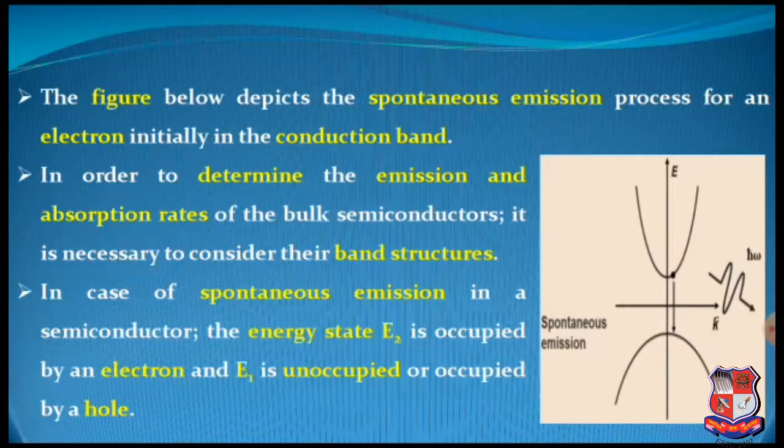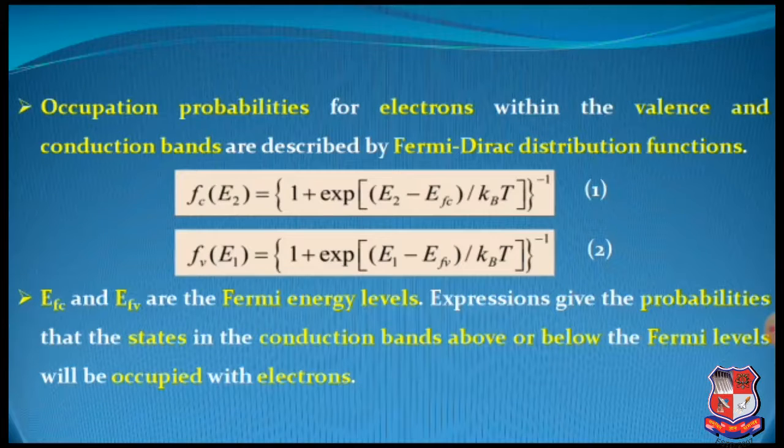And in the case of spontaneous emission in a semiconductor, the energy state E2, that is a higher energy level, is occupied by an electron, and we have to consider the lower energy level E1, which is unoccupied, or you can say it is occupied with holes.